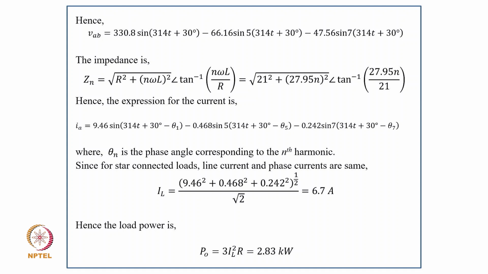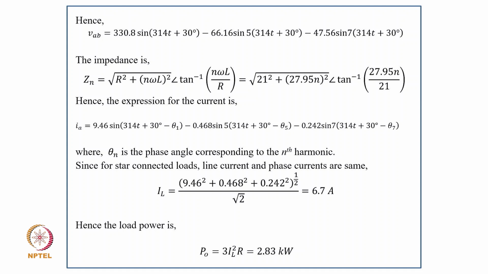So for the star connected load, line current and phase currents are the same. So IL equal to 9.46 square plus 0.468 square plus 0.242 square, to the power half, divided by √2, that comes 6.7 ampere.